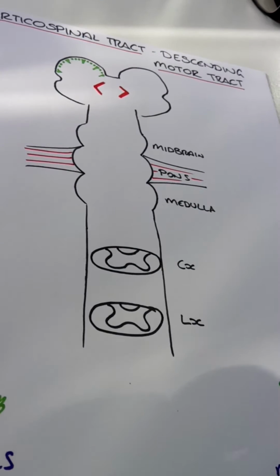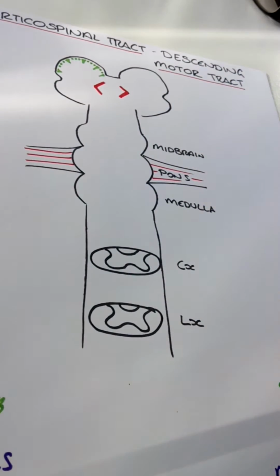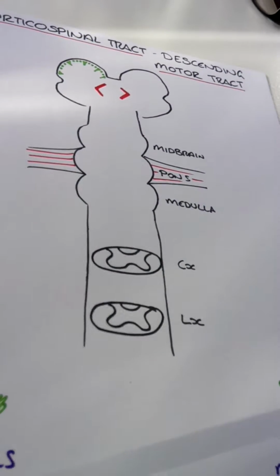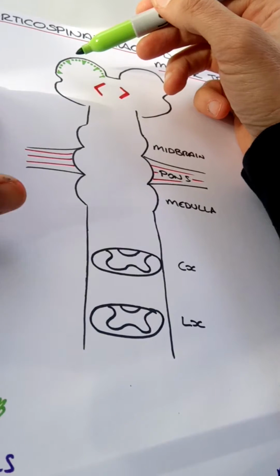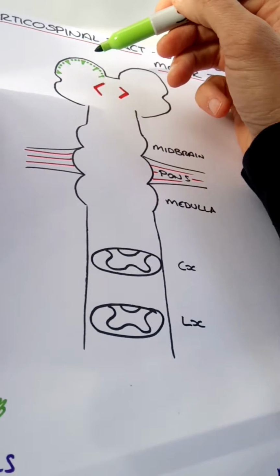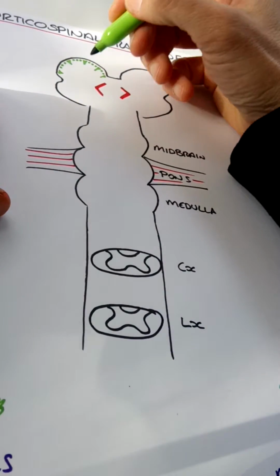So we've got a mix of Betz cells and your run-of-the-mill motor neurons up here in your brain. These motor neurons come in from your cortex and they congregate at this red thing, which is your internal capsule.